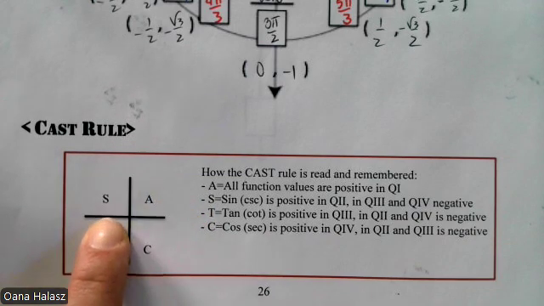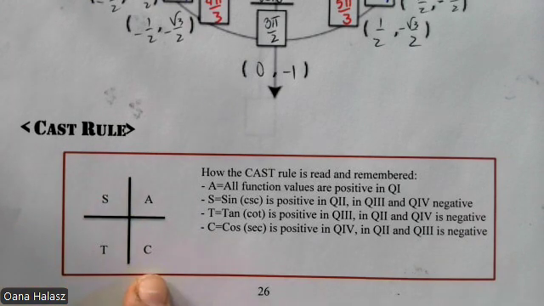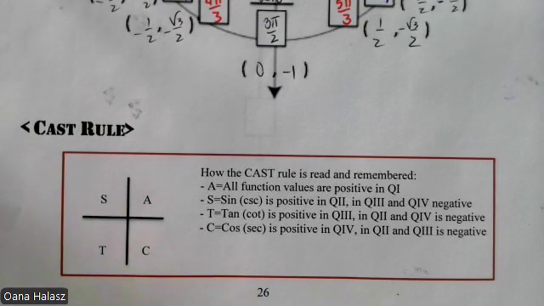And then we notice that in quadrant two, only the sine function and its reciprocal, 1 over sine, are positive, okay? So only sine is positive, and the cosine and the tangent and their corresponding reciprocals are not. In quadrant three, only tangent is positive. The other ones are not.